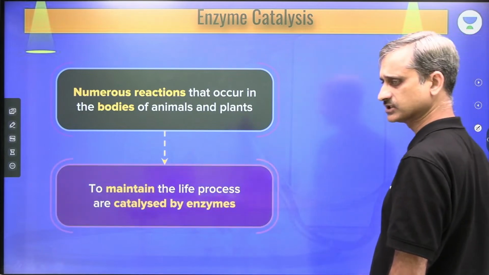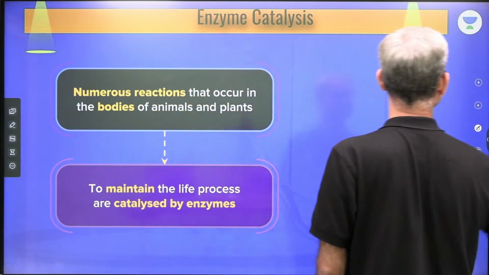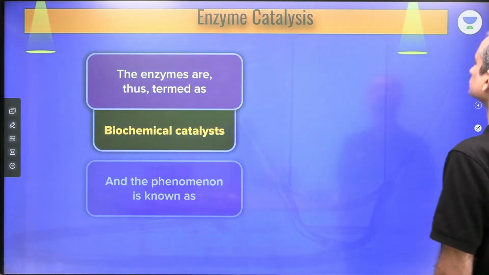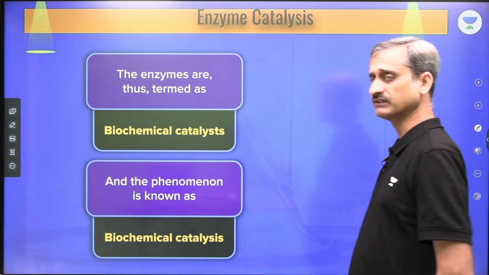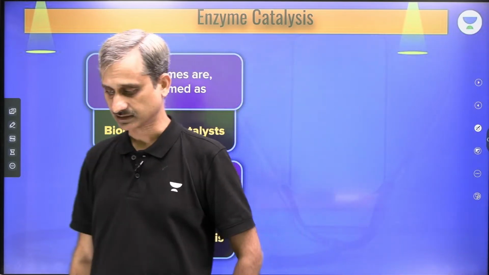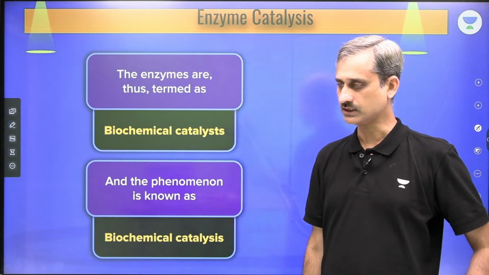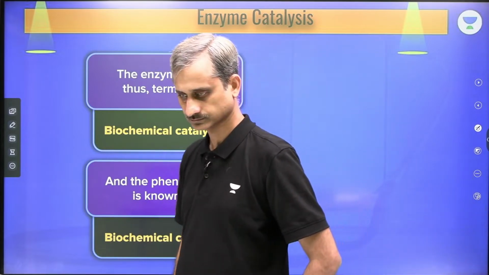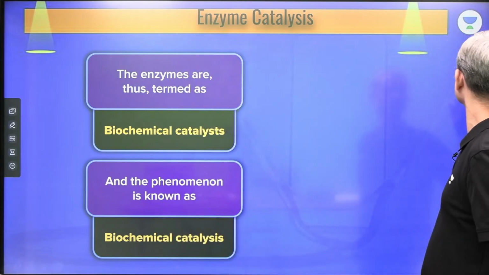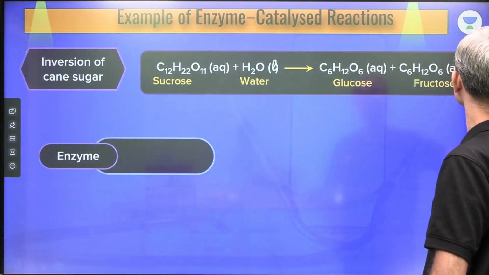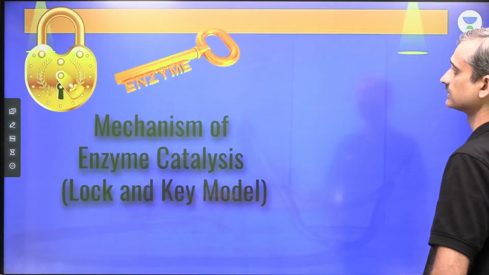So many reactions are taking place using the enzyme catalysis, and they are termed as biochemical reactions. This time in 2023, we had a question regarding the entire enzyme catalysis. Inversion of cane sugar is taking place in the presence of enzymes, the zymase.